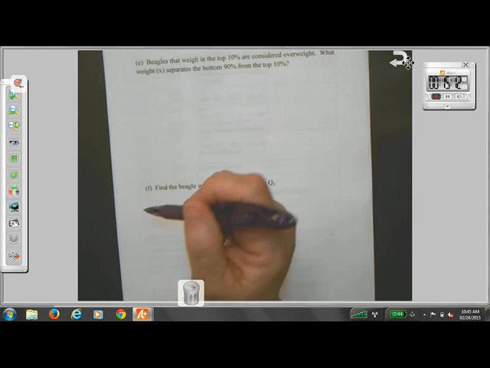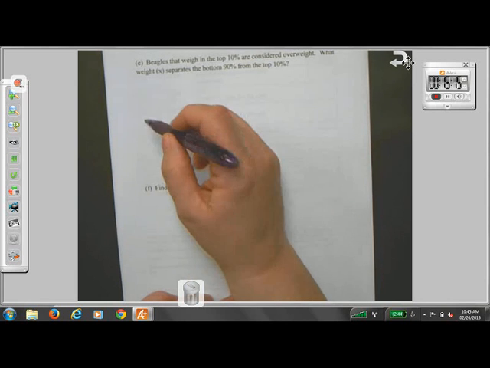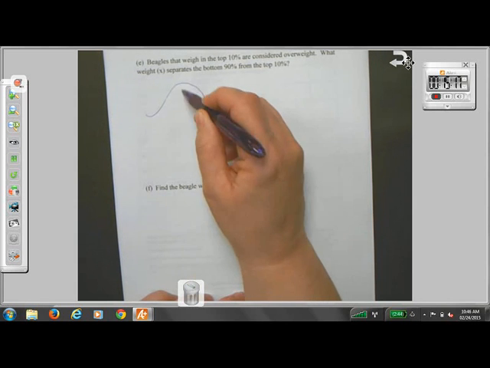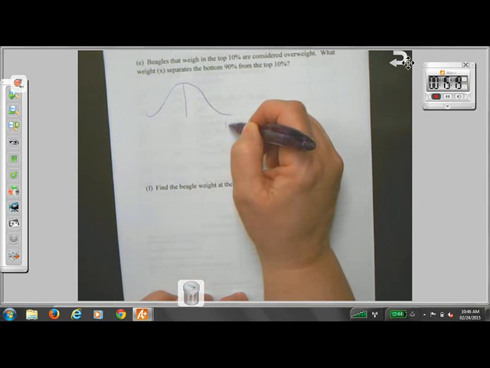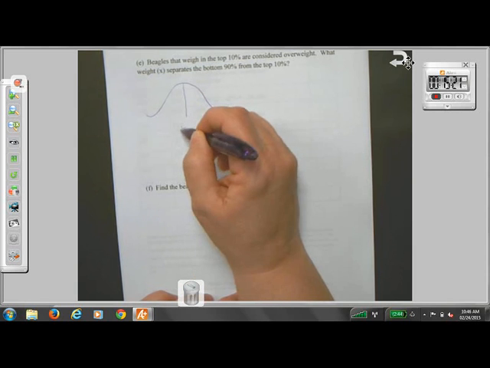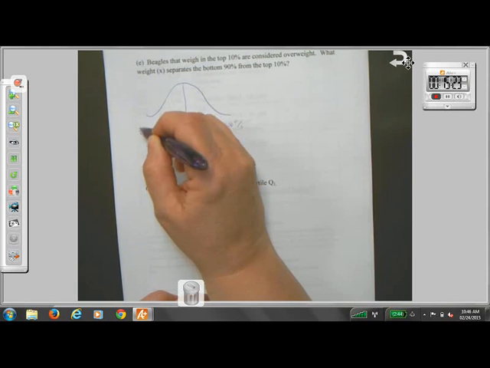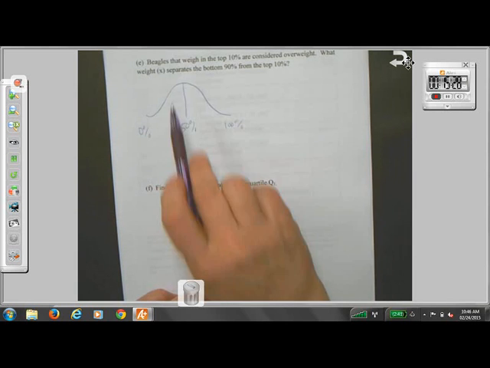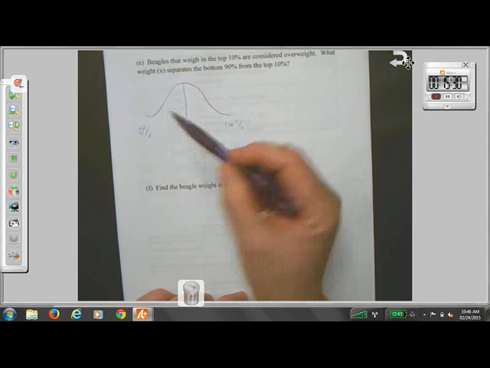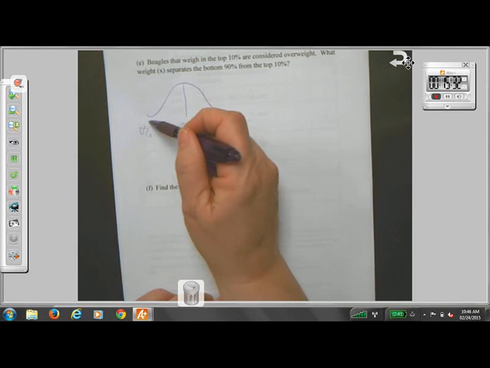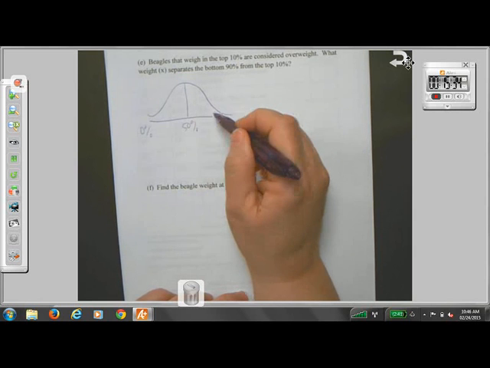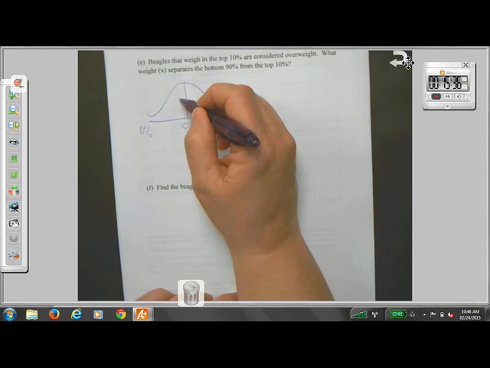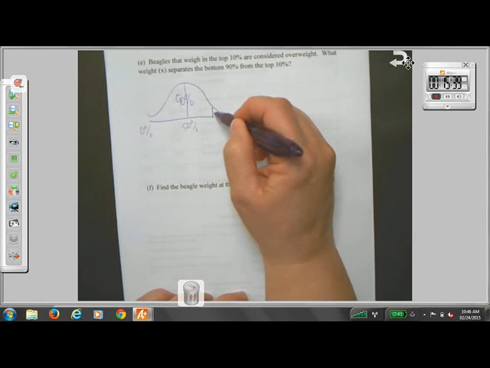Okay, well, I put it in this wording because that's the way the book does, and it kind of gives you an idea of what the curve should look like. So when I draw this curve, remember in drawing this kind, we're looking at 100% down here, 50% in the middle, and 0% to the left. Okay, so when I say separates the bottom 90% from the top 10%, I'm going from left all the way over to the 90% here and 10% here.